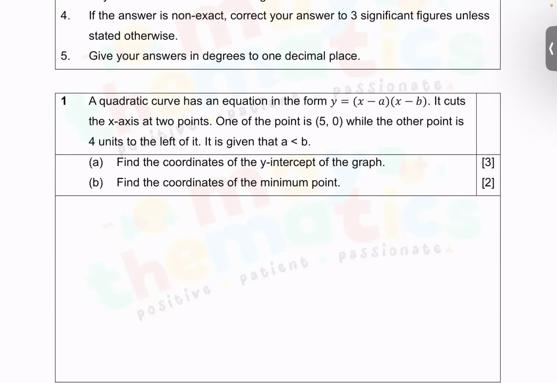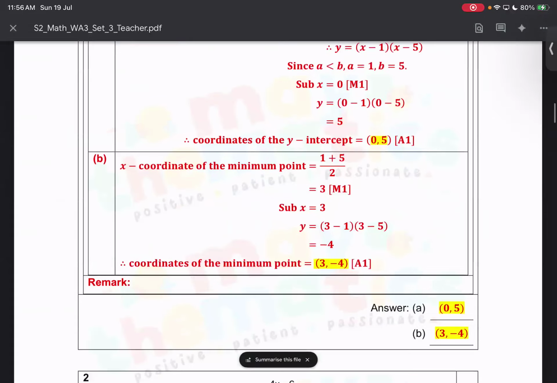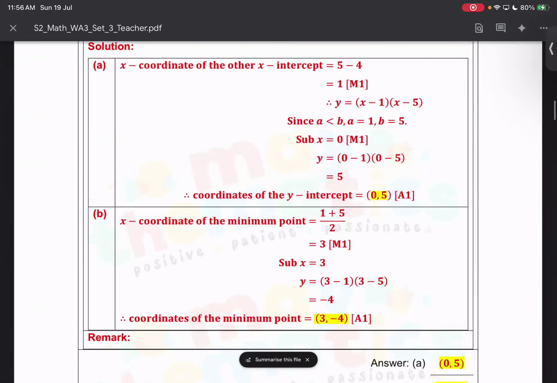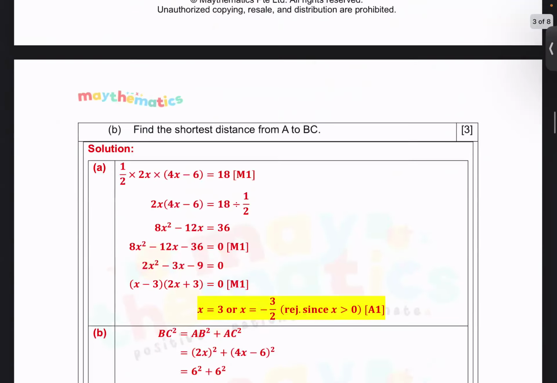Any other question you want to ask me from set 3? Which one? You send the answer sheet. Oh, can. I can send you. Yeah. Oh, you should be playing game. I thought what happened. Okay, wait, let me see.